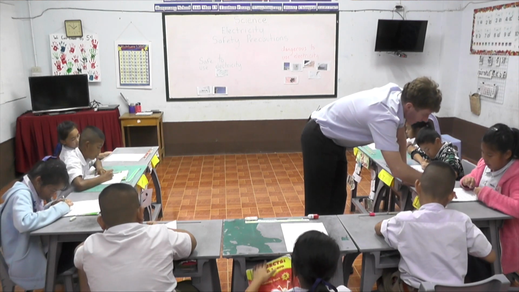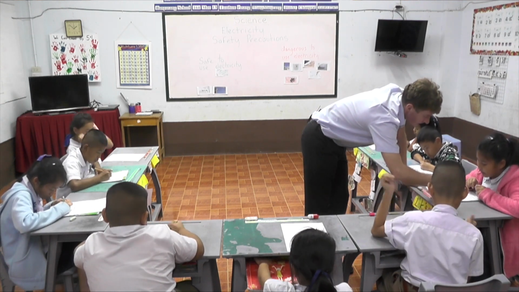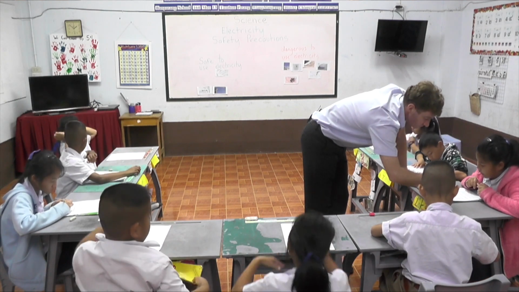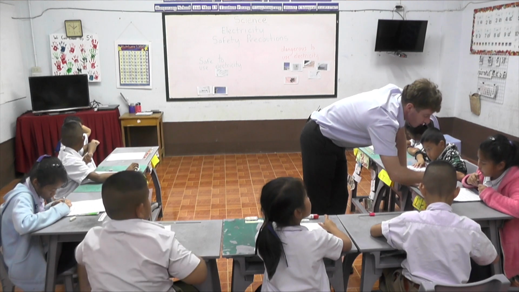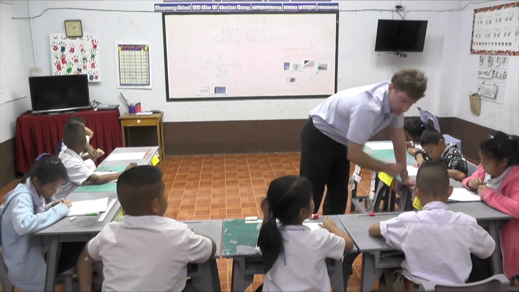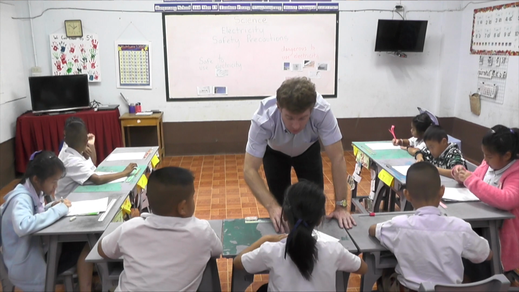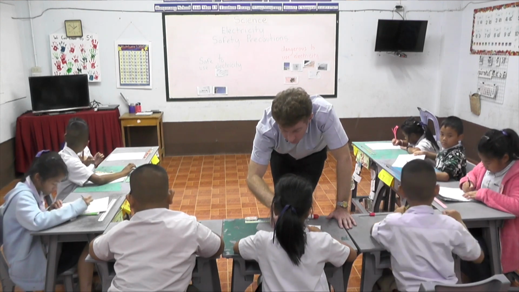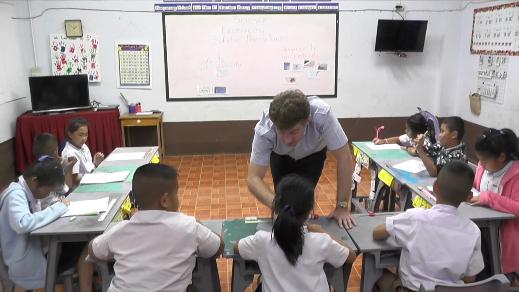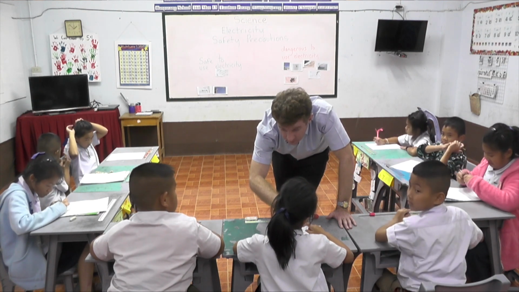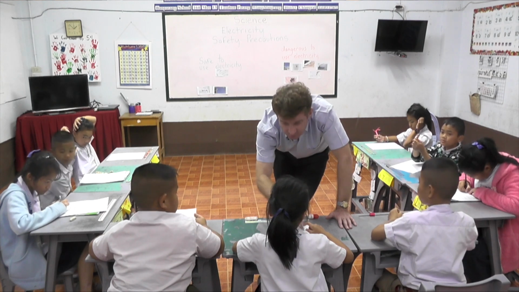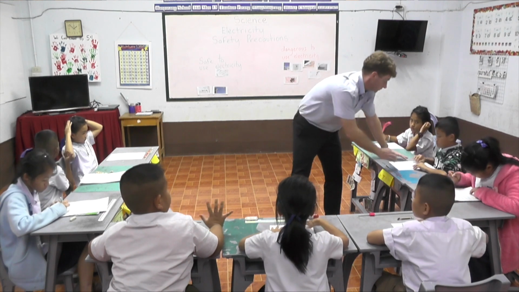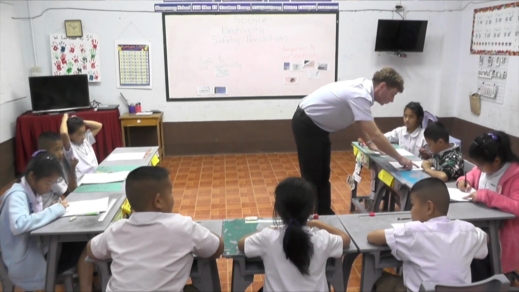Number 2, electricity can cause a person to suffer electric shocks. Excellent. Okay, number 3. Electricity can cause fires to break out. Yeah. Fires to break out. Break out means to happen. Okay, let's do number 4.